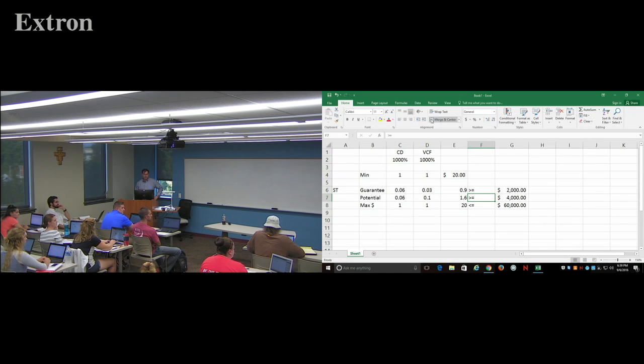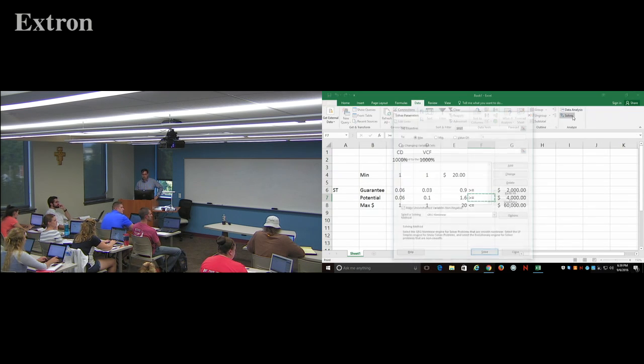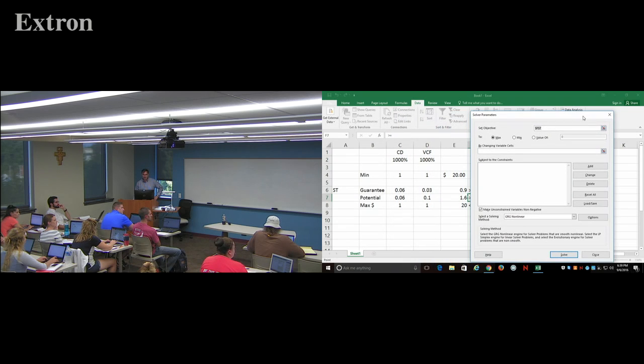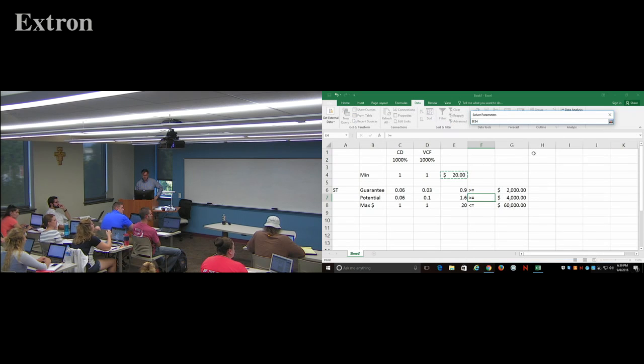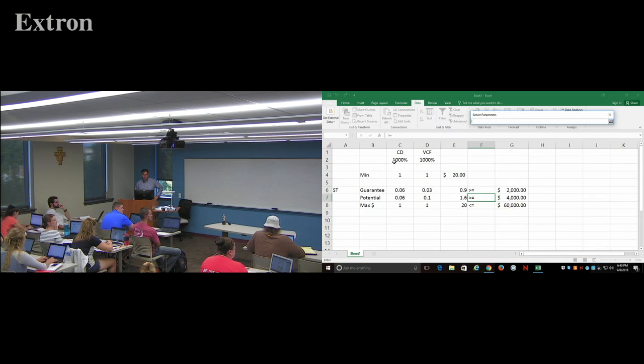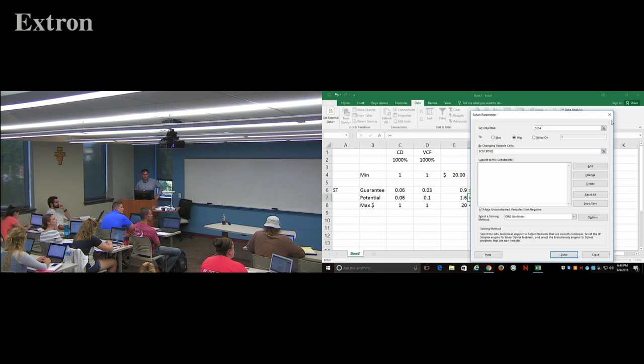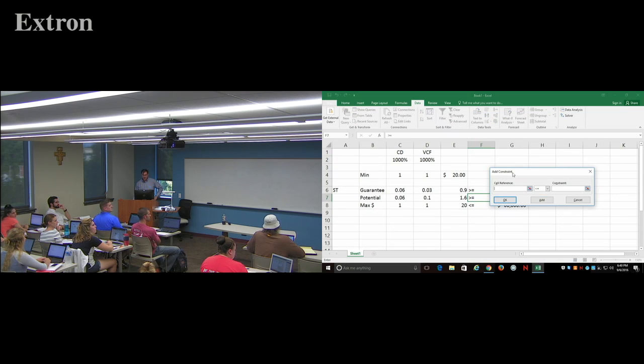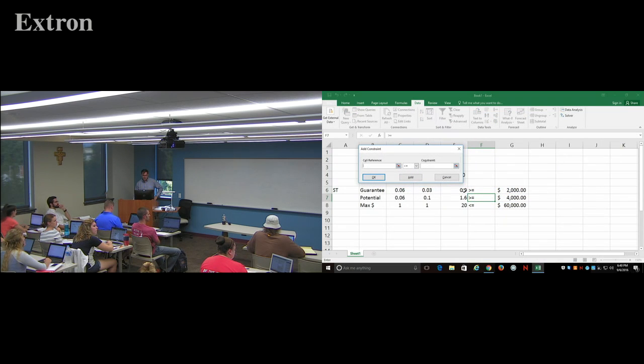So let's tell Solver where everything is. I'm going to go to Data, then Solver. In this case, I want to minimize E4. I'm trying to minimize my total investment by changing variable cells C2:D2, and I don't know how I changed that percentage accidentally, but I'll go back and fix that. Subject to the constraints that E6 through E7 has to be greater than or equal to G6 through G7, add.